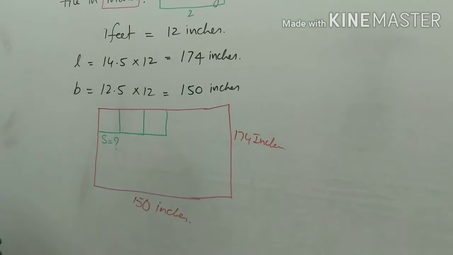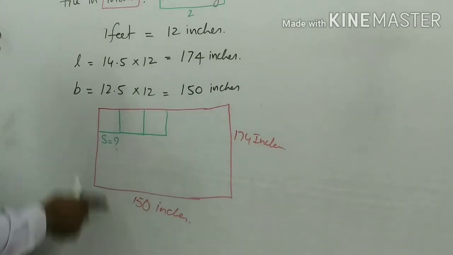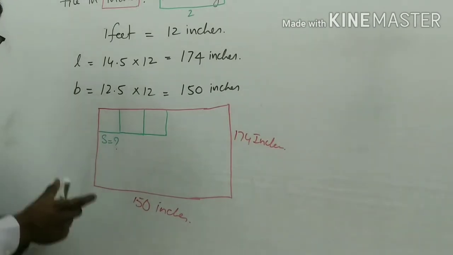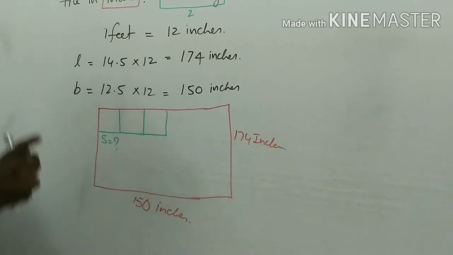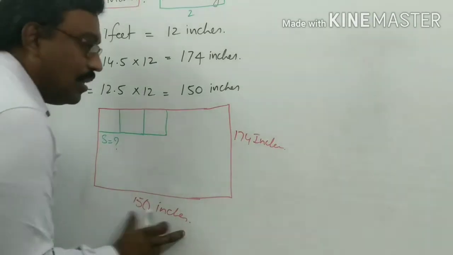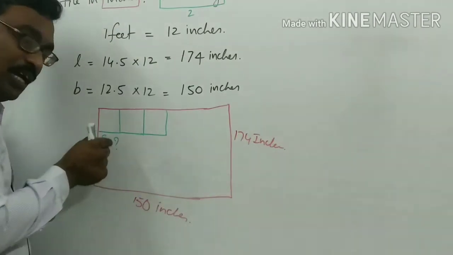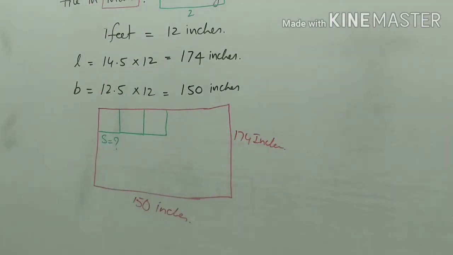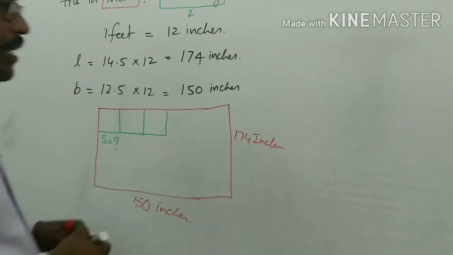First I will find out the exact measurement of the side of the tile. The HCF of the length and breadth will give you the exact measurement of the tile. I am finding the HCF.